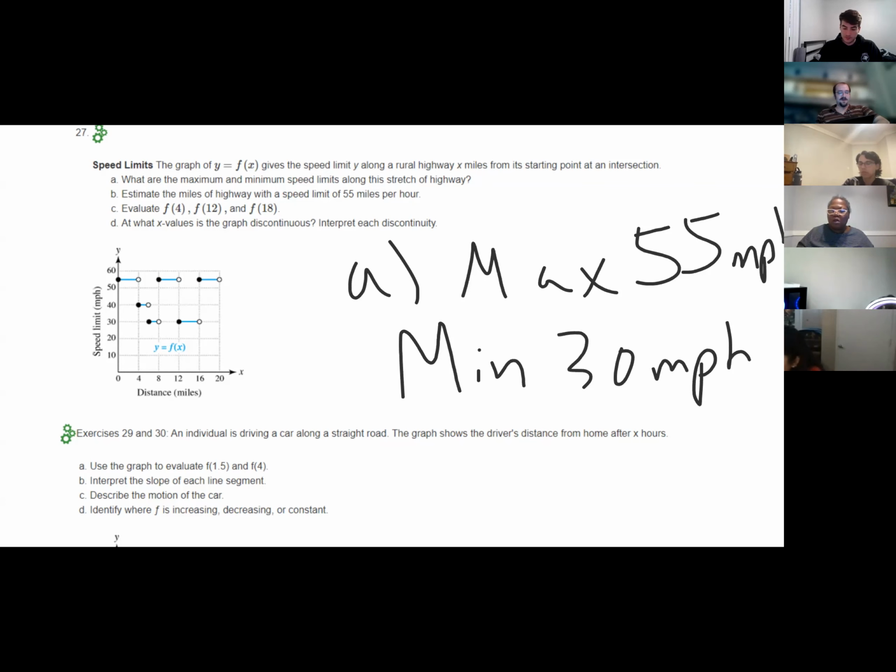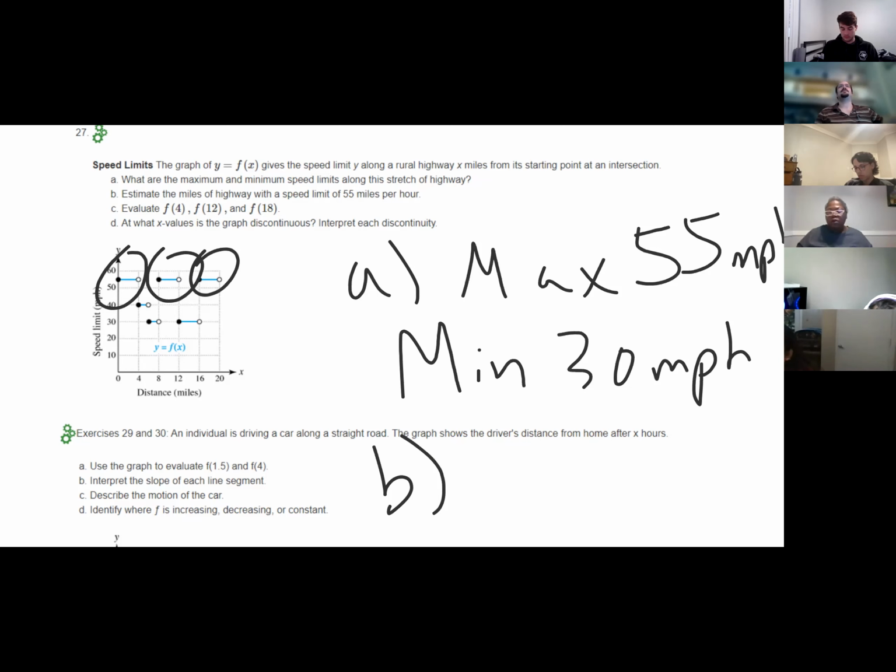Estimate the miles of highway with a speed limit of 55 miles per hour. So how much of the highway has 55 miles per hour as its speed limit? How many sections do you see that have that? There are 3 sections in here that have it, right?